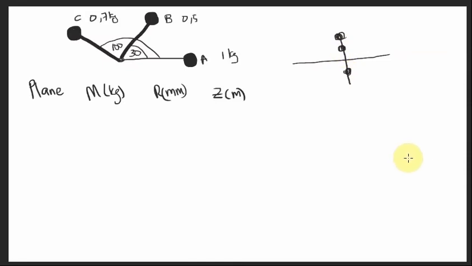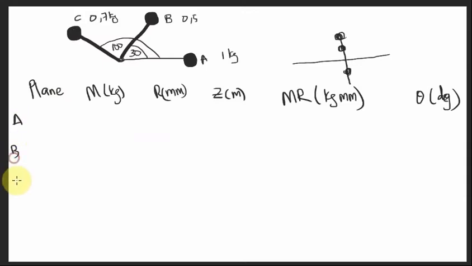Z represents the distance from a certain reference point to the masses. Then we have MR, in kg millimeters, which is the mass multiplied by the radius. Finally we have theta in degrees. We are going to have A, B, and then C here. So this is our table.